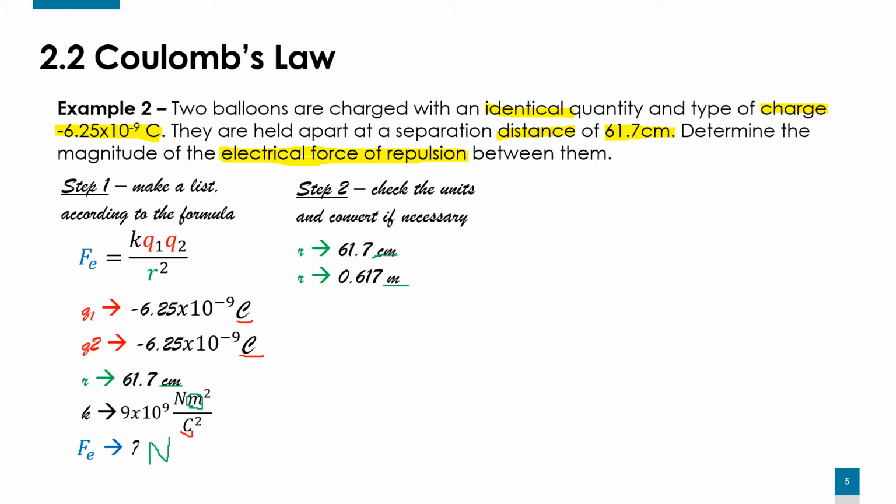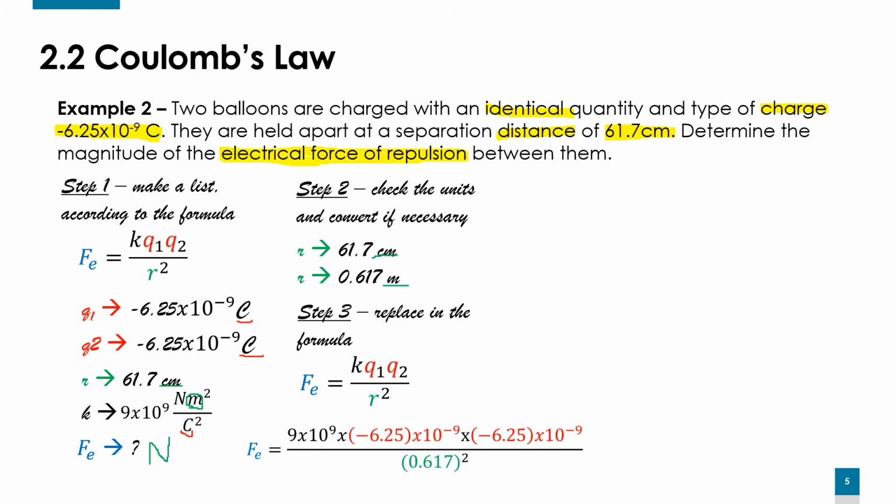So please be careful when you are doing this exercise. Is there anything else I need to look at? No. So let's go to step 3. Step 3, replacing in the formula. I'm going to write down the formula again, and I'm going to replace. Here, my constant is 9 times 10 to the power of 9. My first charge, minus 6.25 times 10 to the power of minus 9.